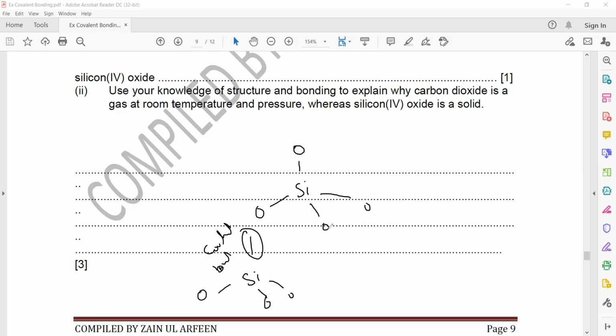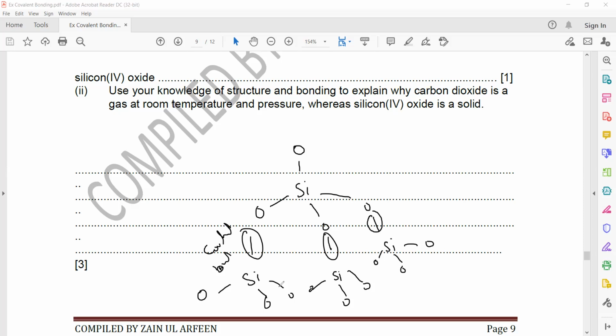Then this oxygen is also connected with another molecule by a covalent bond. Then this oxygen is also connected with another molecule by a covalent bond. That's why I use the term atoms, or you can mention that between the two atoms or between the two molecules, there's a covalent bond. That's why it is stronger.